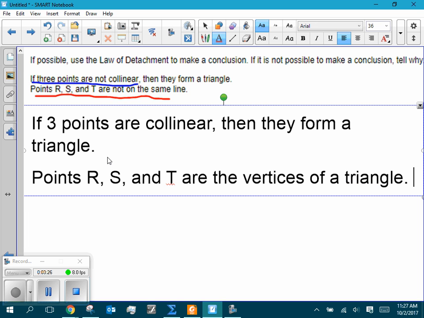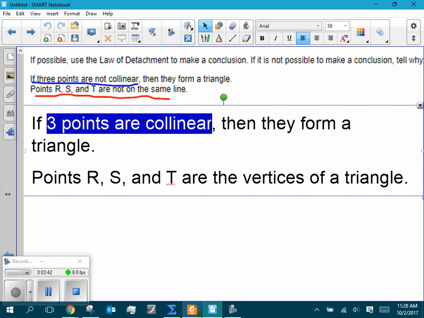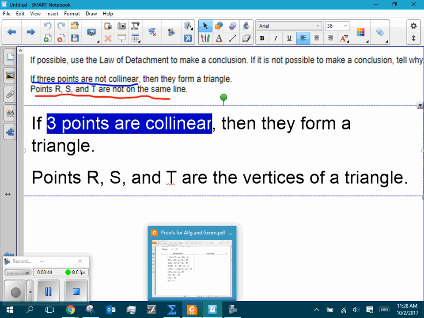Is there anything you can make a conclusion about with that additional statement about R, S, and T, given the if-then that we started with? Because what we want to do, I see Tyler shaking his head no, is see if that phrase there matches up with this, right? Now we do know that the 3 vertices of a triangle are not collinear, but those two ideas do not match one another, right? So there's no conclusion I can make.